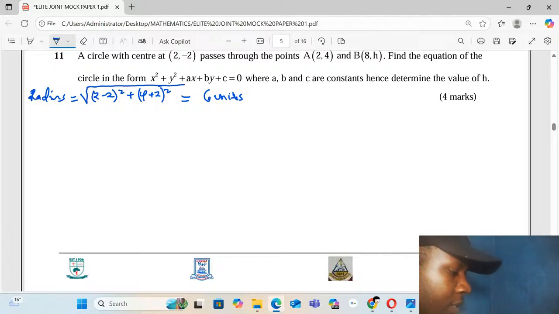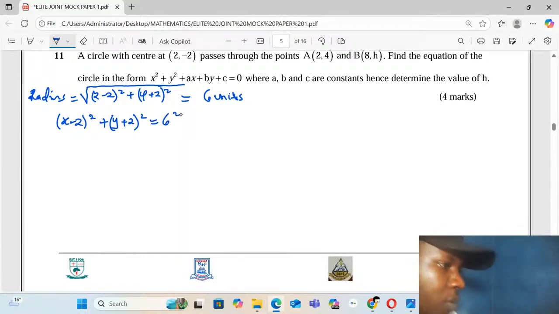Then (x - 2) squared plus (y + 2) squared will give us 6 squared.